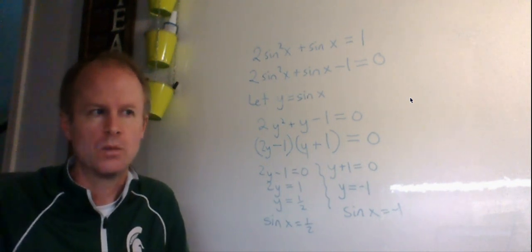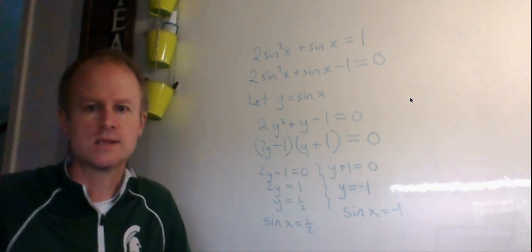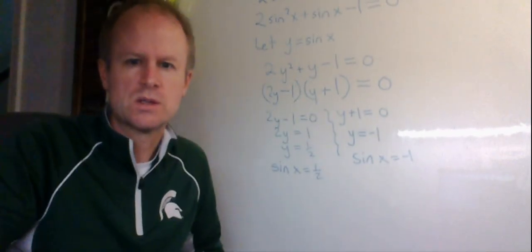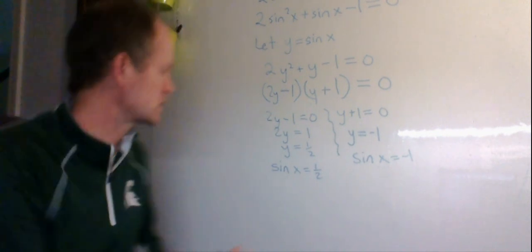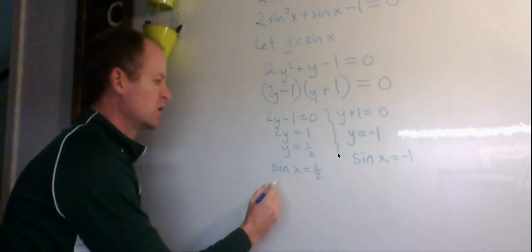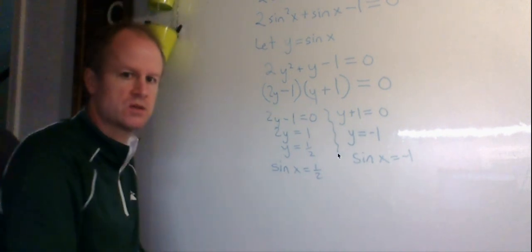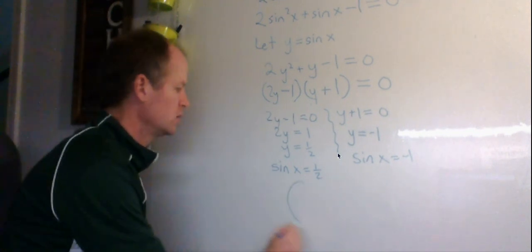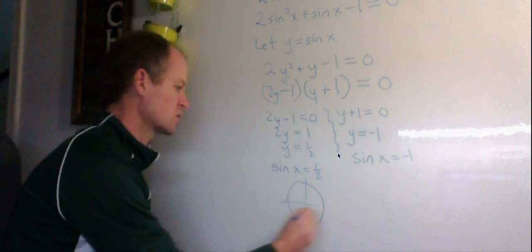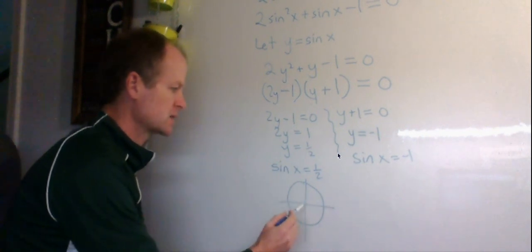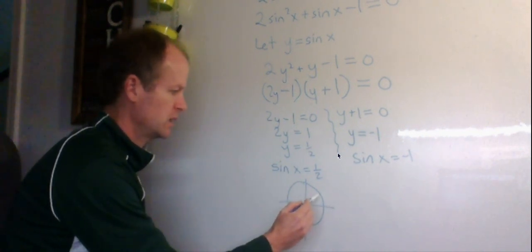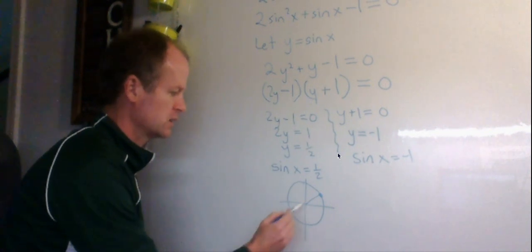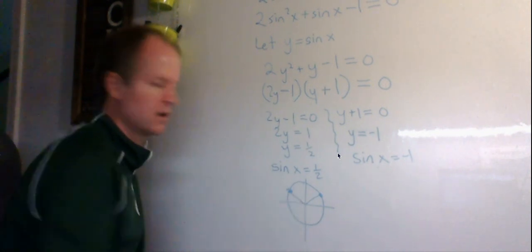And now one of the things about this problem is these are nice exact values on the unit circle. So the first one's saying, okay, find the angles where sine of x is a half. So I could use the calculator, I could do Desmos and get those crazy decimals, but I know based on the amazing unit circle that sine of x is a half right here, and it's also going to be a half over here.